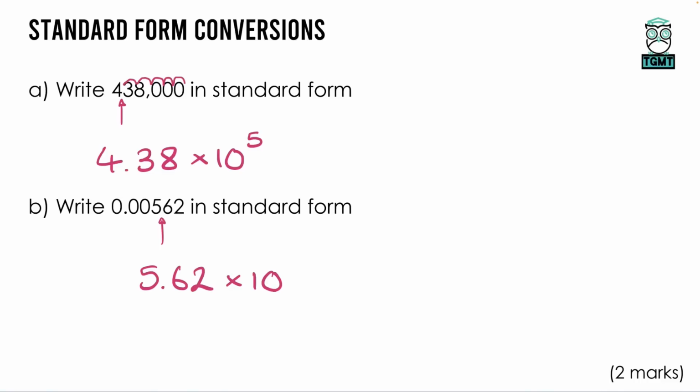So the only thing that changes is the power is going to be negative. So I can put the negative in the power, and then I just need to count 1, 2, 3 jumps there for that place value, and that will be minus 3. So there we go, with a 0 point number, our power is just going to be negative.